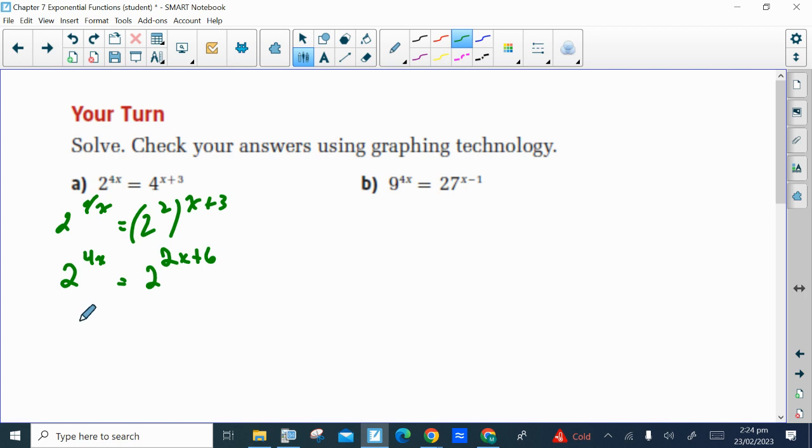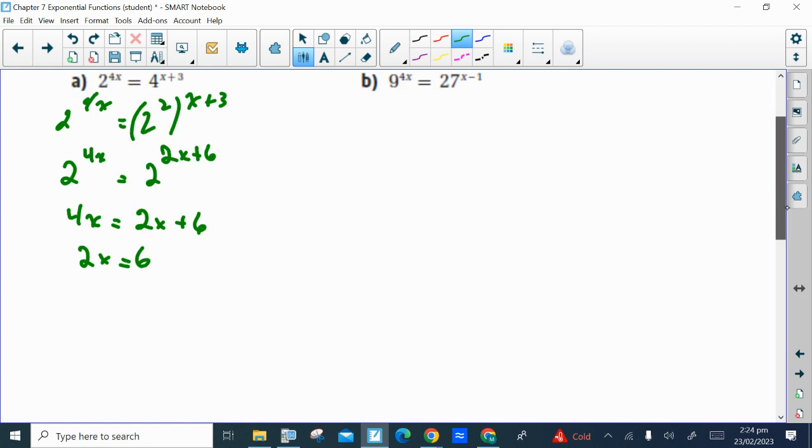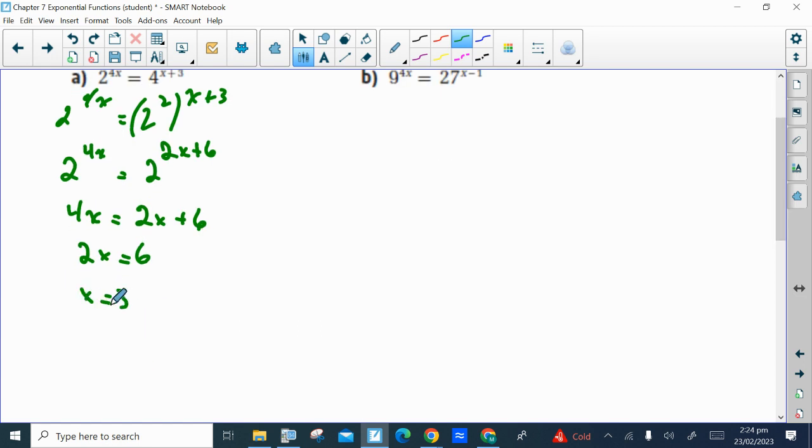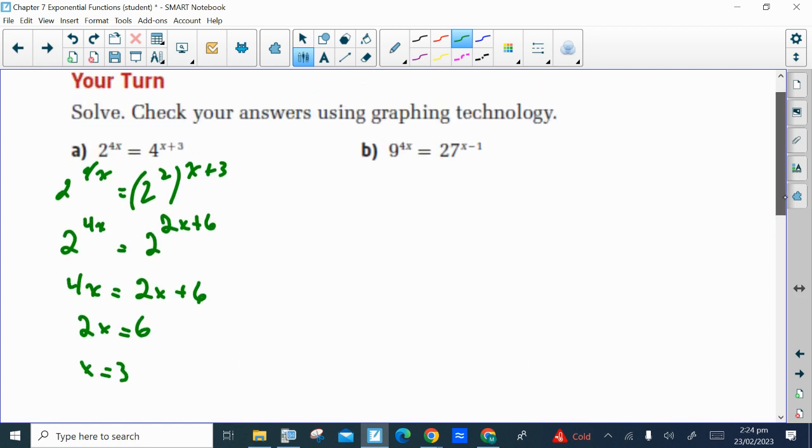And now we've got both sides expressed as a single power with the same base. The bases are equal, so we can say the exponents are equal as well. And then solve for x. Subtract 2x from both sides, divide by 2, and there's our answer, x equals 3.